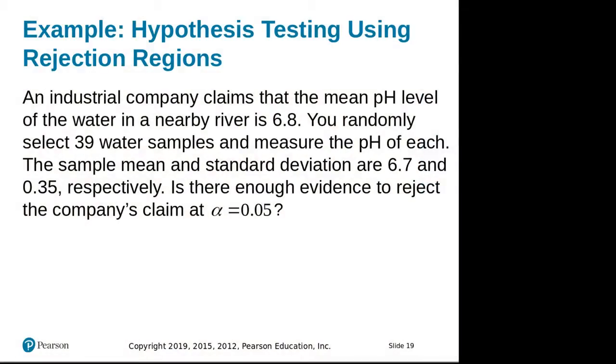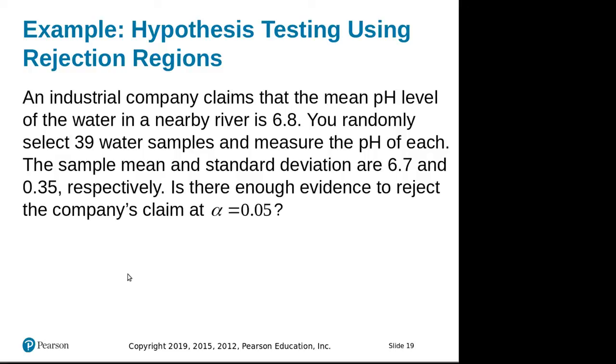So, I'm going to read through this and look for some things that we need to know. An industrial company claims that the mean pH level of the water in a nearby river is 6.8. Now pH is a scale that measures acidity and base nature of a solution. pH of 7 is pure neutral. As your pH goes up, I think your base nature goes up.